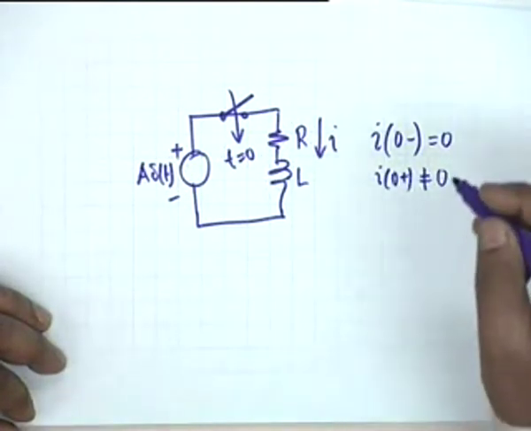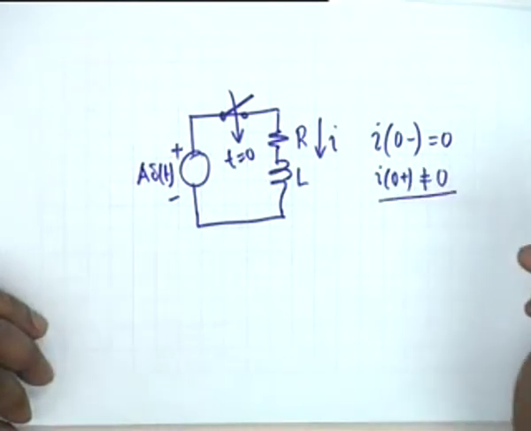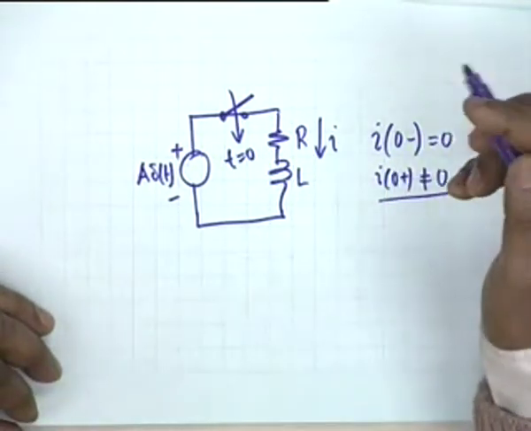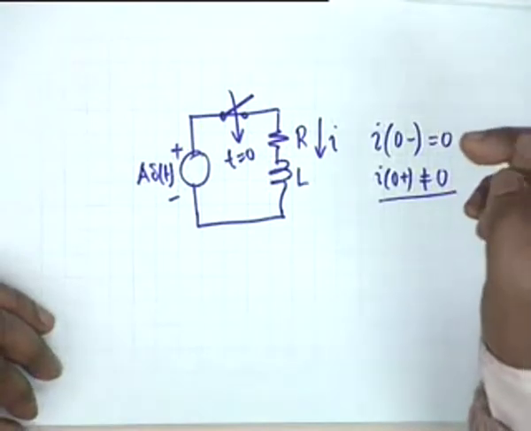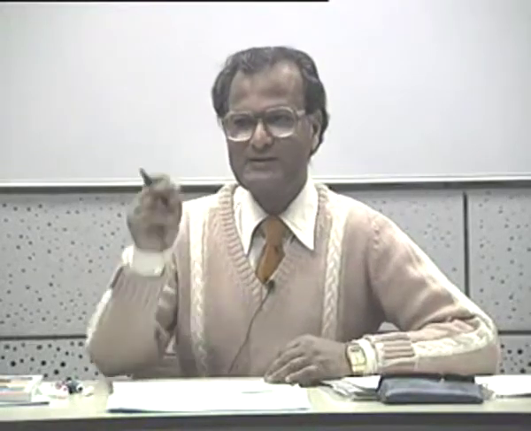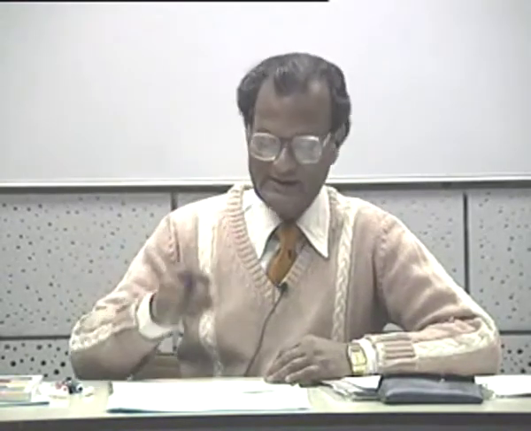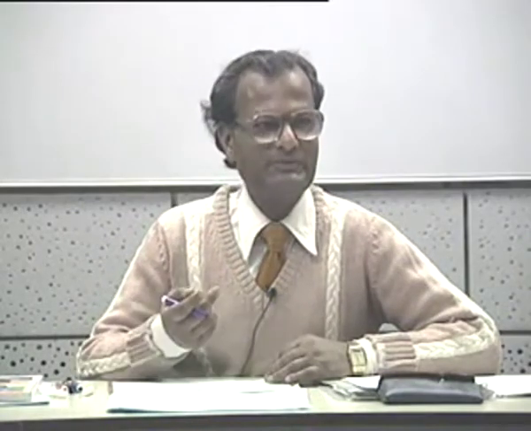what we argue is the following, that I of 0 plus cannot be infinity, because we are giving a voltage which exists only for an infinitesimal amount of time. It may be infinitely large, but the current cannot go to infinity. Current must be finite.